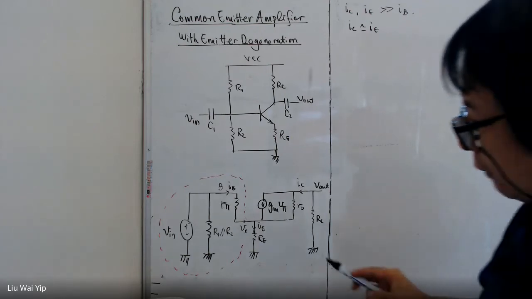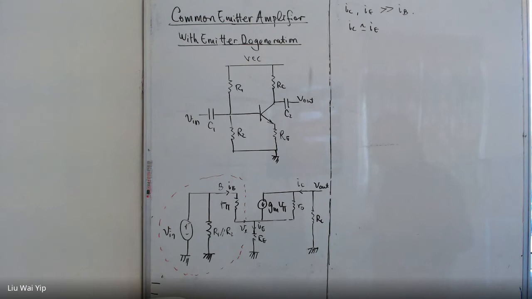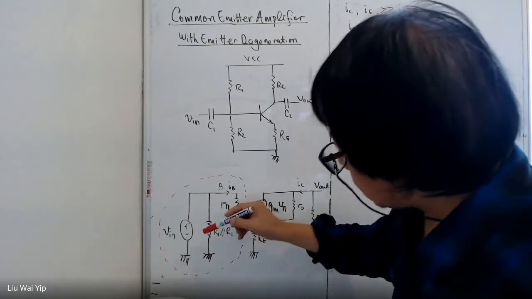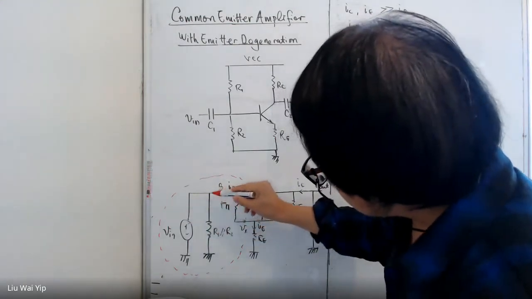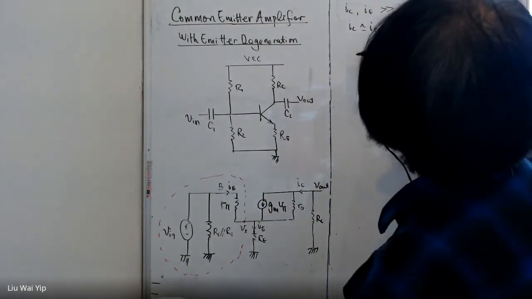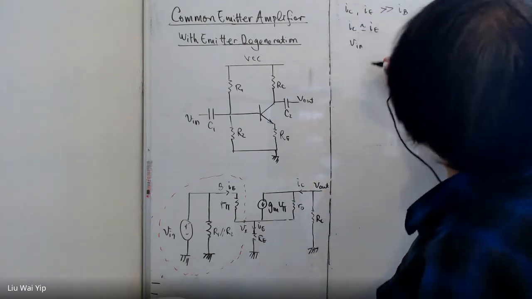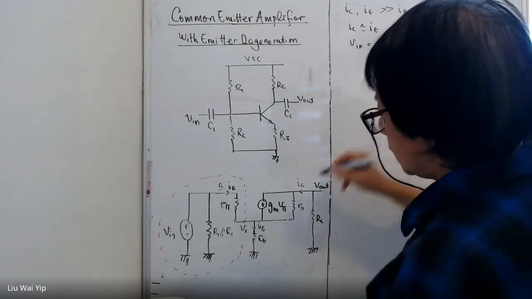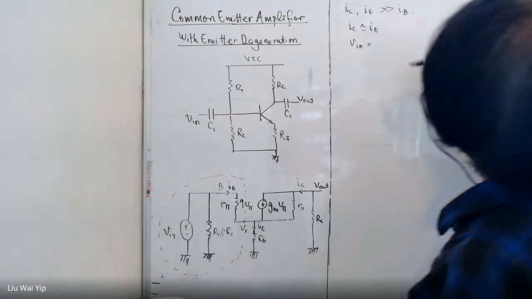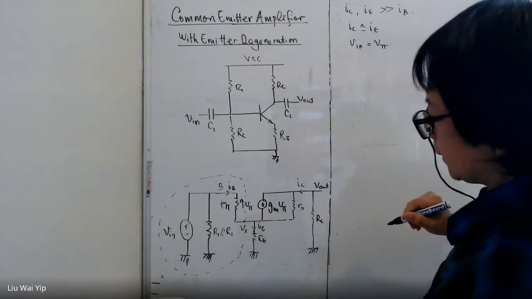And another thing that we need to know is, what is V pi? V pi, according to here, is equal to Vin, is equal to this voltage. This voltage is V pi. So Vin equals V pi plus Vx.